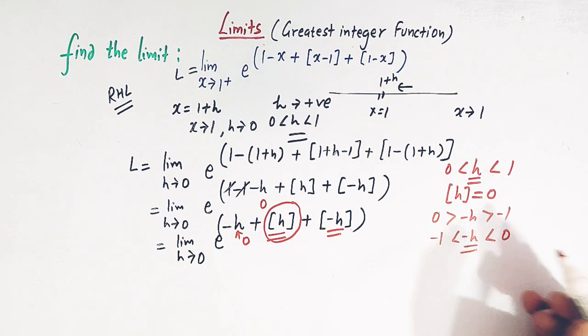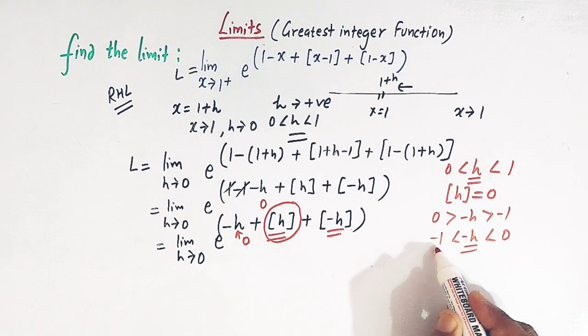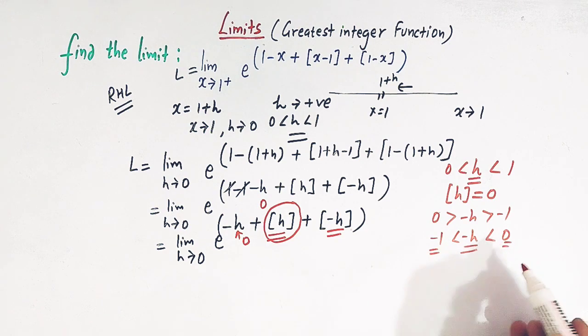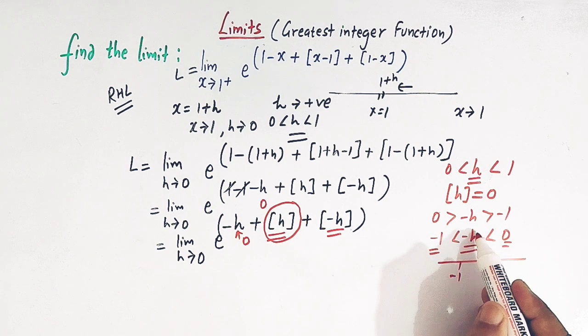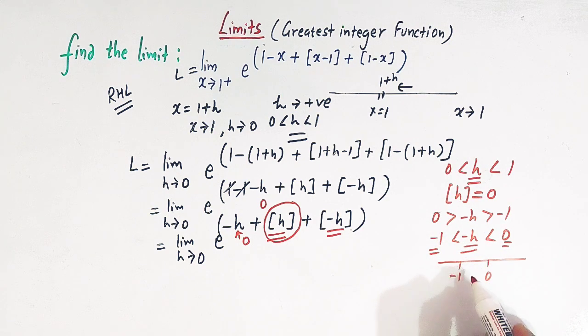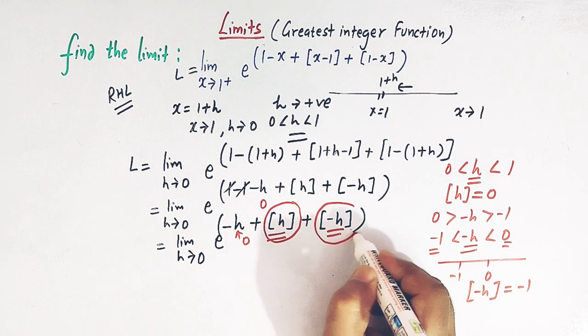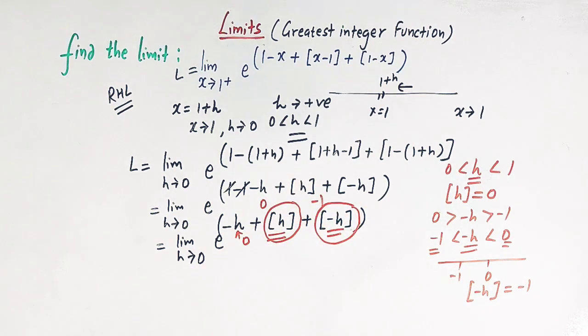So this indicates that minus h lies between minus 1 and 0. So this is minus 1, this is 0. So minus h lies somewhere between minus 1 and 0. So therefore the greatest integer of minus h must be equal to minus 1. So this quantity is minus 1.